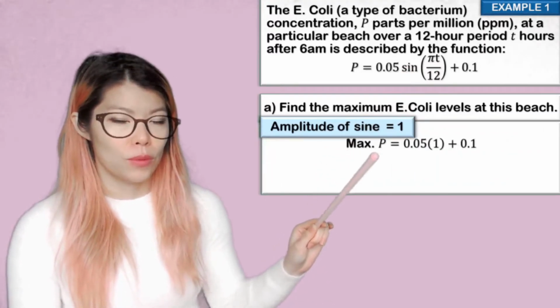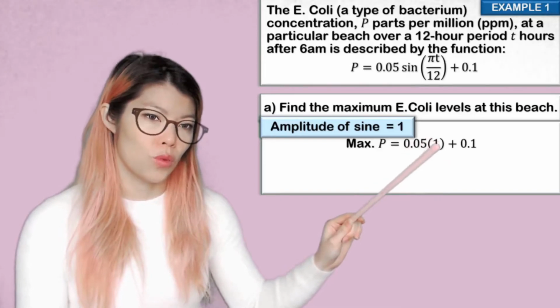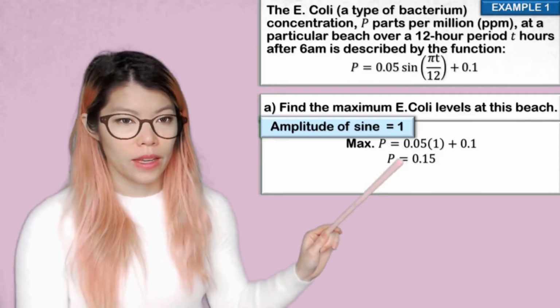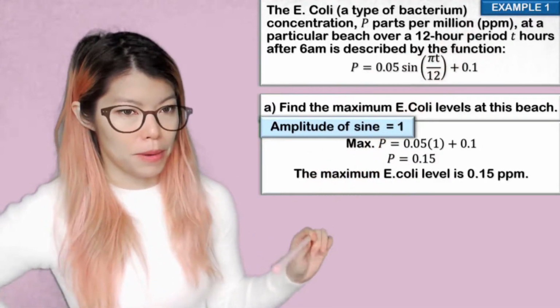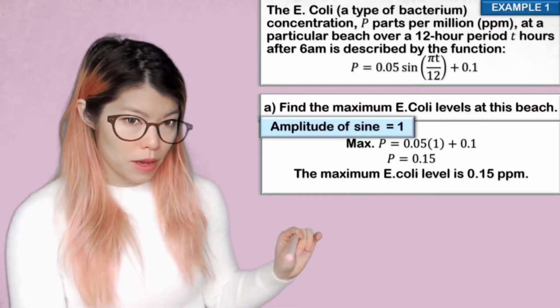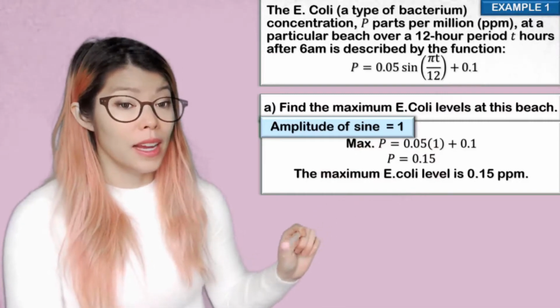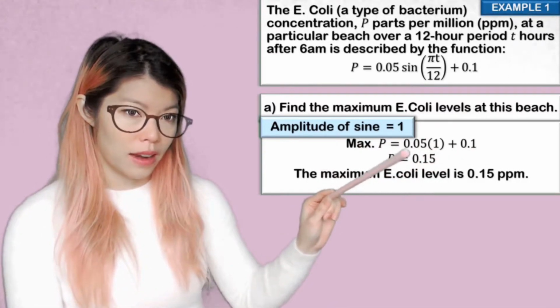So then we would plug 1 in, so the maximum would be 0.05 times 1 plus 0.1, which is 0.15. So the maximum E. coli level is 0.15 parts per million. And that makes sense. Remember, the middle value has been translated up by 0.1, and the amplitude is 0.05, so the max value is adding those two together.